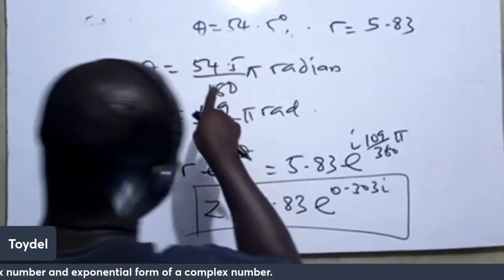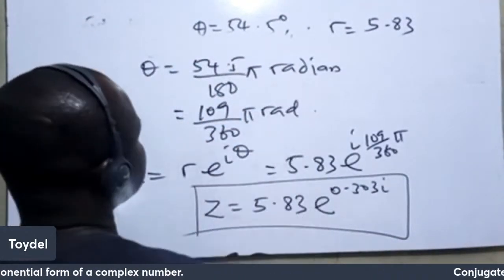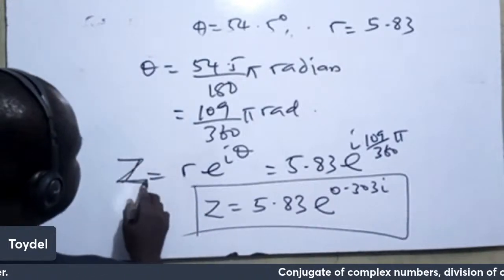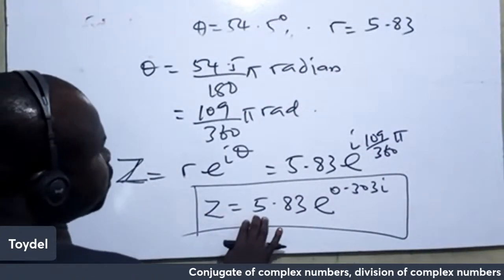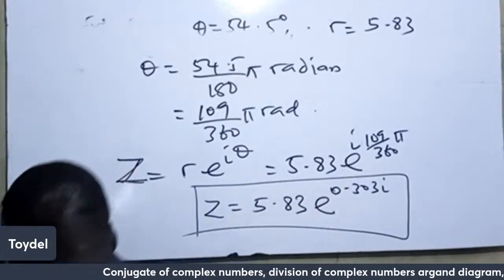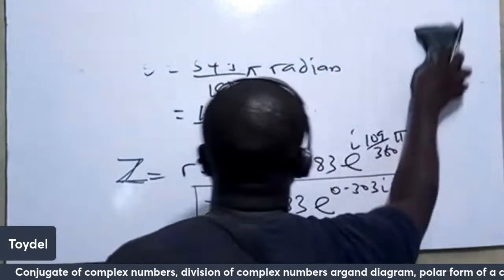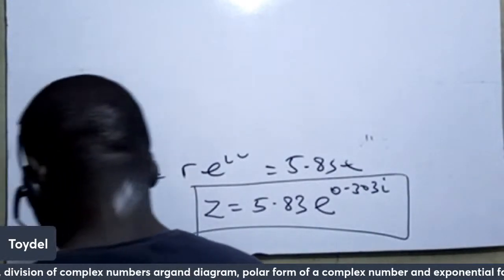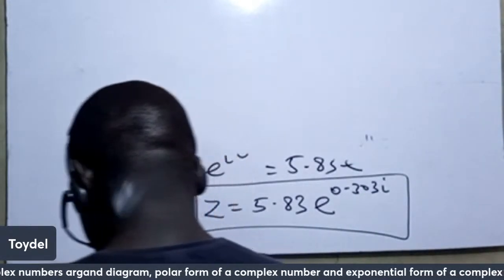That is how we multiply the value by pi over 180. So that's how to convert it. Then from this given question now, we have been able to convert that standard form to exponential form. This will be the exponential form of the complex number. So it is important and necessary to be able to convert that to exponential form.